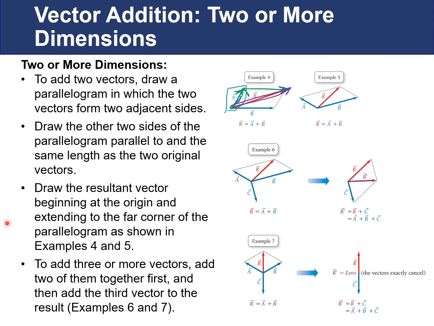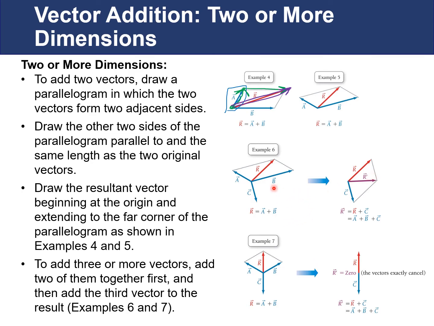When you're adding 3 or more vectors together, it's best to initially add 2 of them together to get a resulting vector. So we could add A and B together to get our resulting vector, and then add that resulting vector with your third vector, giving you this new resulting vector.